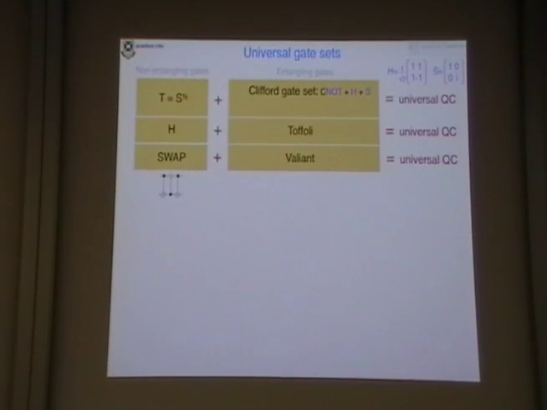So the idea that swap is an easy thing to do to physical objects, but a hard thing to do to the information on those objects, gives you a clue what's going on here. But in some sense, swap is much easier than doing phase shifts, at least for mobile qubits.